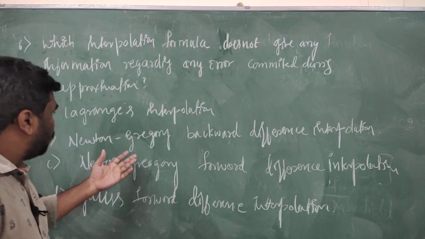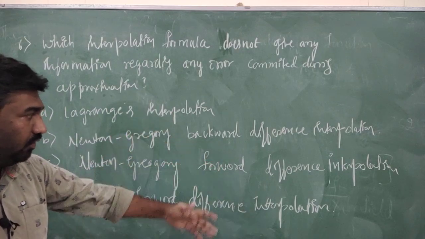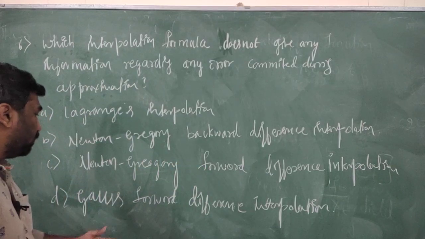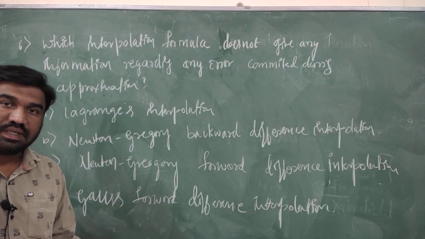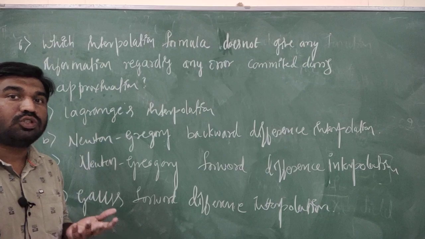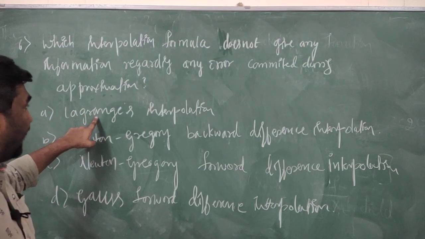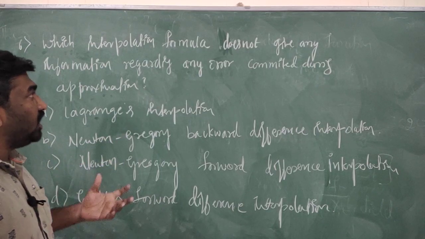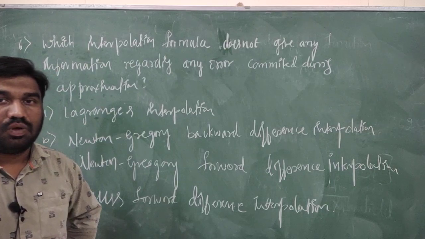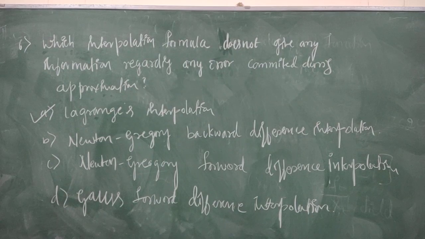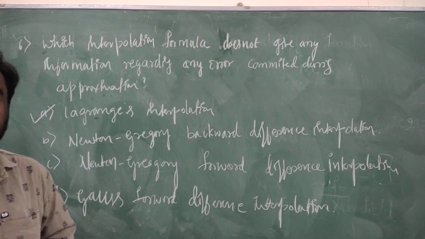Actually, Newton's backward difference interpolation, forward difference interpolation, and also the Gauss difference formulas all give information about the error, but Lagrangian interpolation does not mention anything about the error. Okay, so option number A is correct. Lagrangian interpolation does not give any information regarding error.